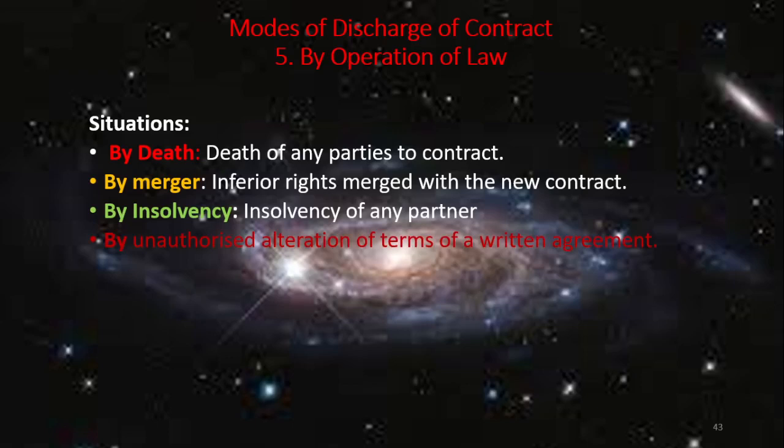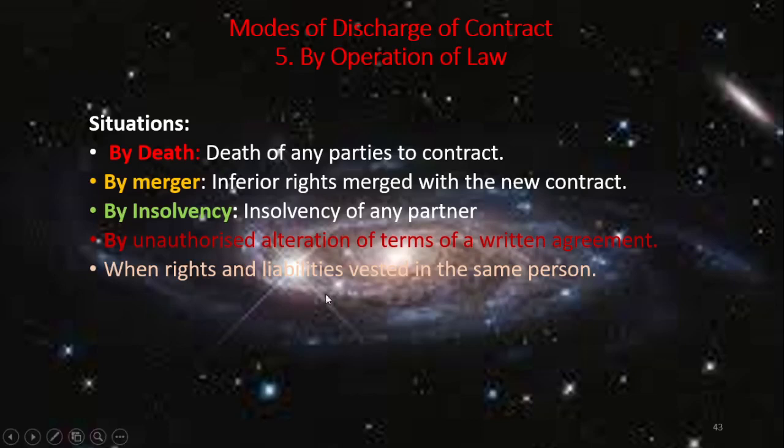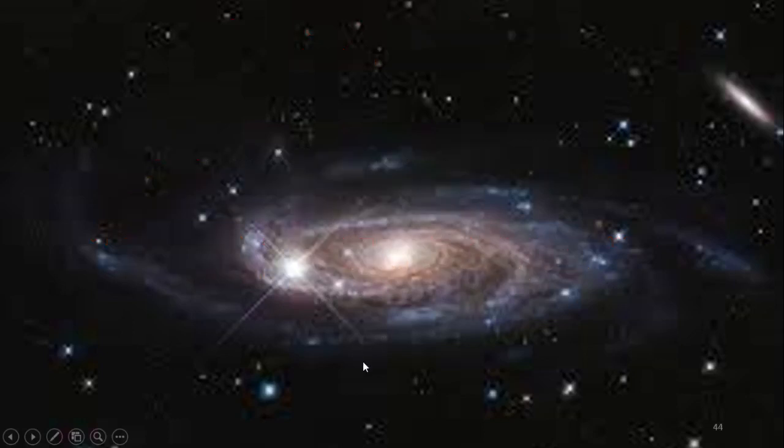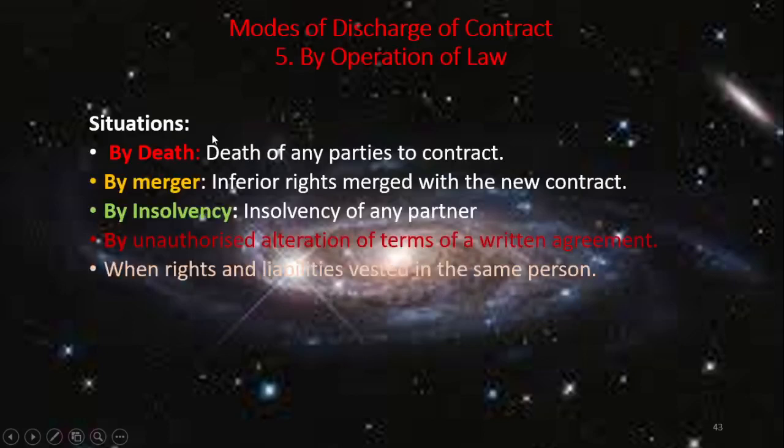Here one party is unaware of the alterations in the terms and conditions. In that situation, the law states for the termination or discharge of contract when rights and liabilities vested in the same person. In all these situations, the contract will get closed by operation of law.